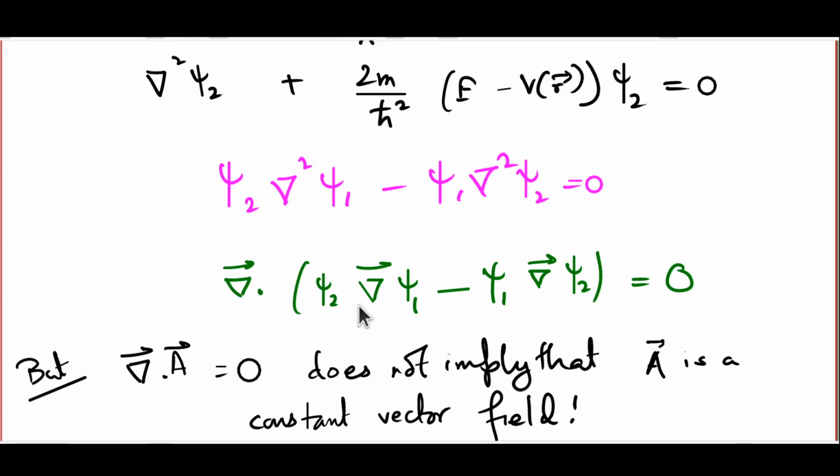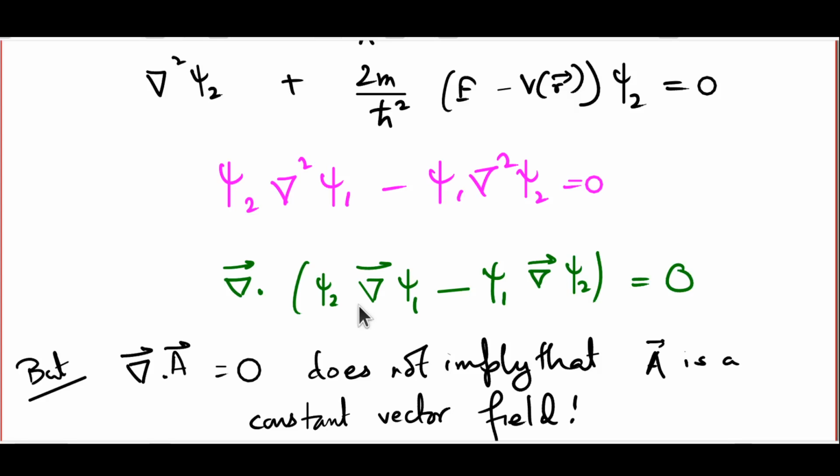However, divergence A equal to 0 does not imply that A is a constant vector field. As you all know, there are plenty of non-trivial vector fields which can have a divergence of 0. Such vector fields are called solenoidal vector fields, and any vector field which is a curl of another is of course an example.